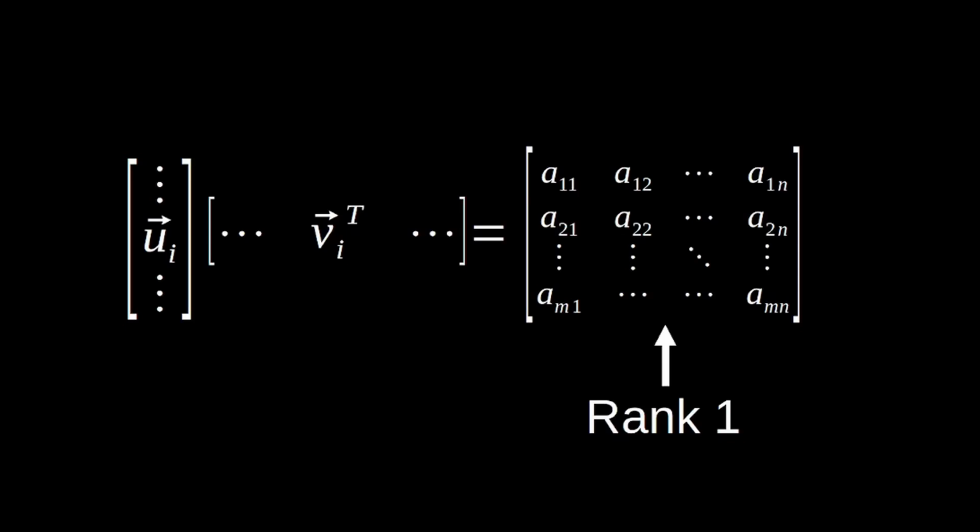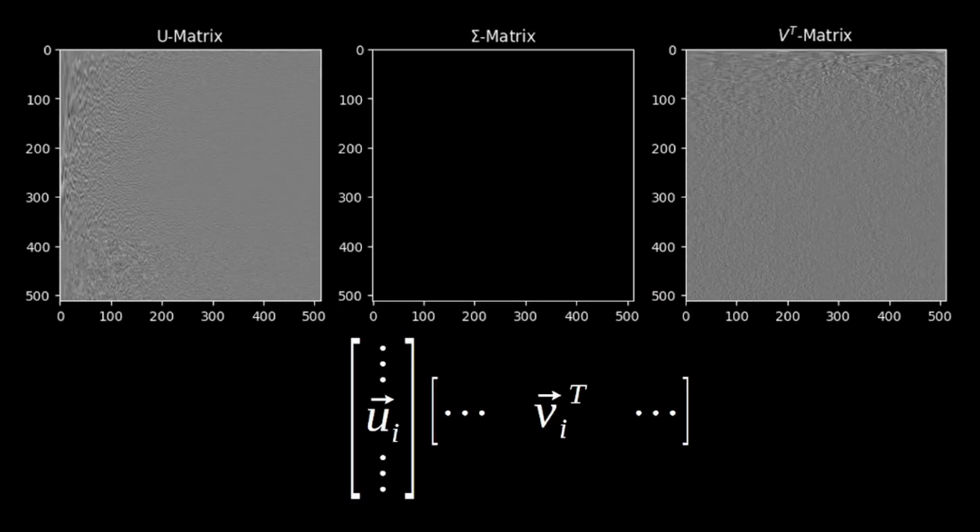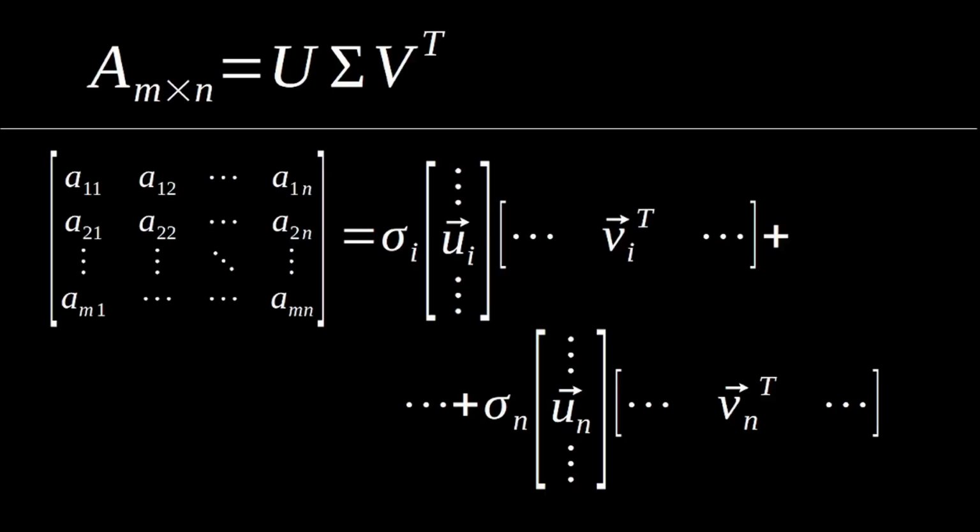And why is that particularly important or interesting? Because that rank 1 matrix is then scaled by the scalar value of our singular value. What the singular value decomposition is really doing is breaking up our original matrix into combinations of rank 1 matrices scaled by the singular values.